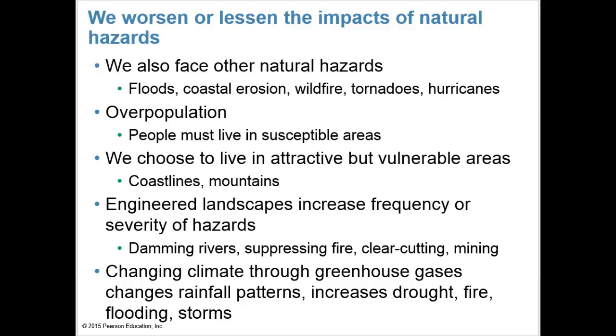Engineered landscapes can increase the frequency or the severity of hazards, such as damming rivers and suppressing fire and clear cutting and mining. It changes climate patterns through greenhouse gases, changes rainfall patterns, and increases drought and fire and flooding and storms.